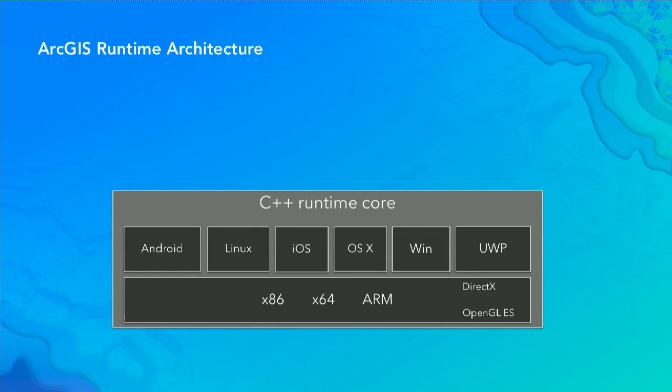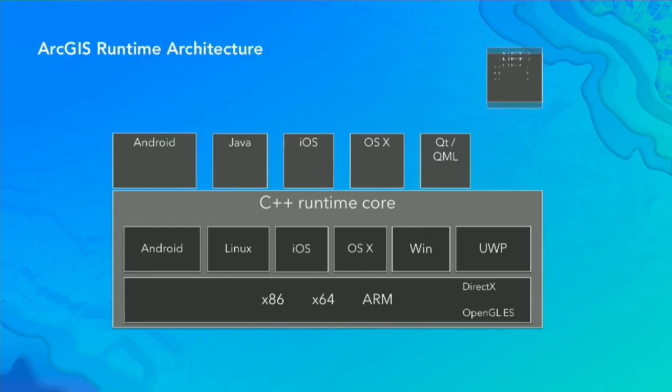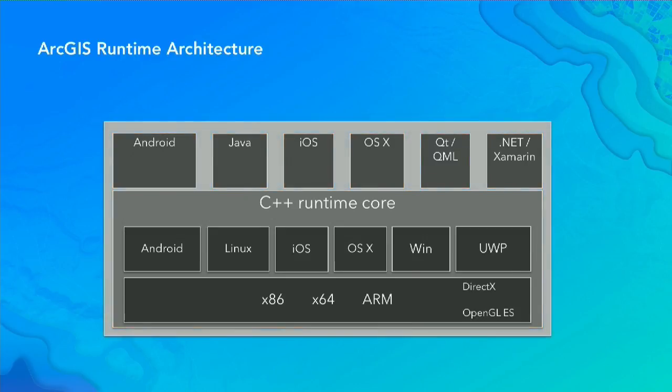We use DirectX and OpenGL for our rendering and some of our analysis functions. It is exposed on these platforms, and then we have these APIs that sit on top of it. And the whole thing is generally referred to as the ArcGIS Runtime. When we talk about the ArcGIS Runtime as a company, we really talk about all of that.